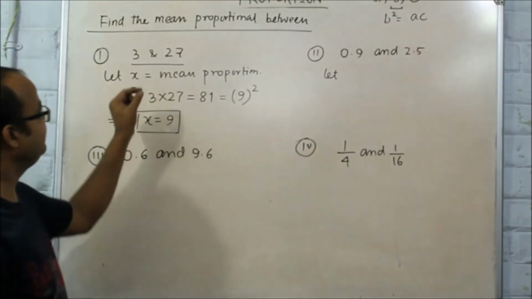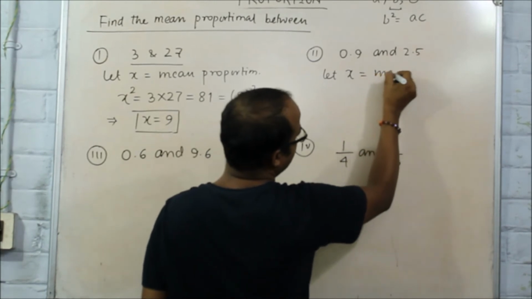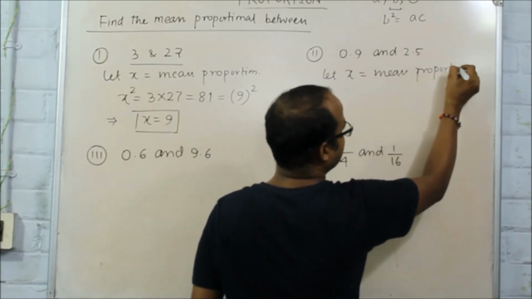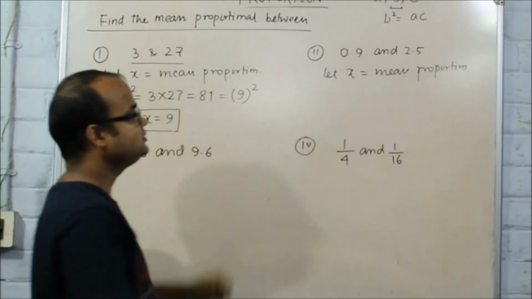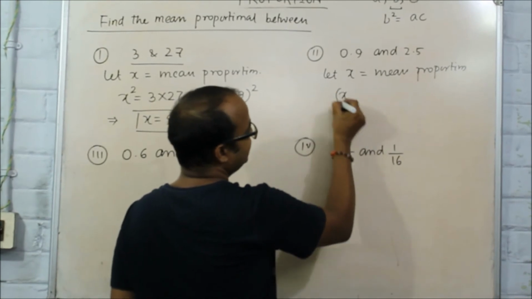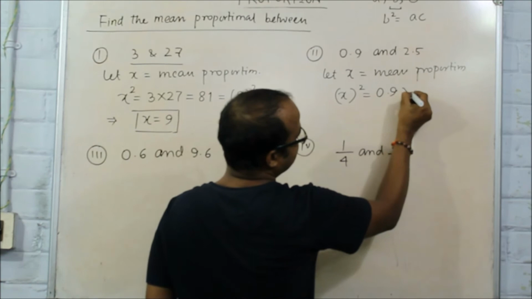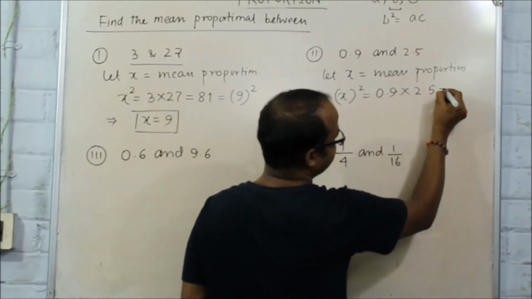Let's solve this one. So first we begin with, let x is equal to mean proportion. If we apply the formula, then B square means x square is equal to product of means, 0.9 into 2.5.